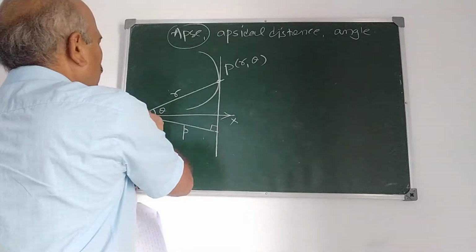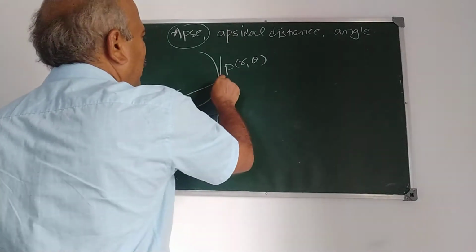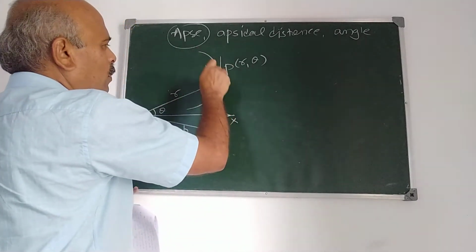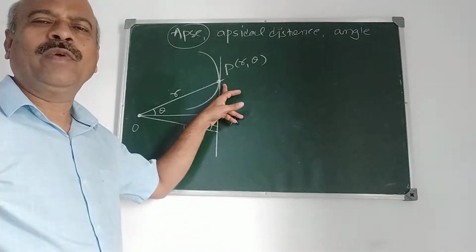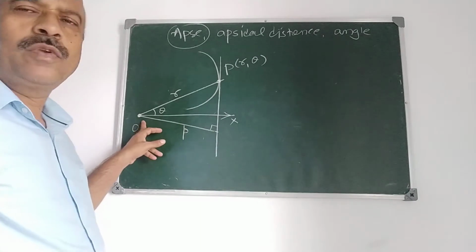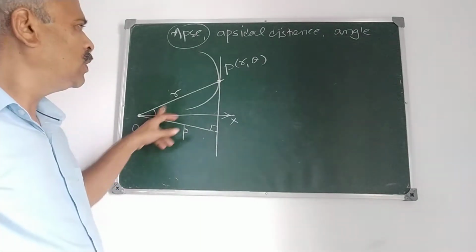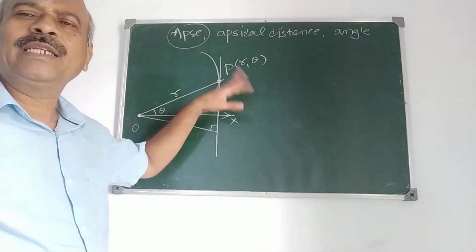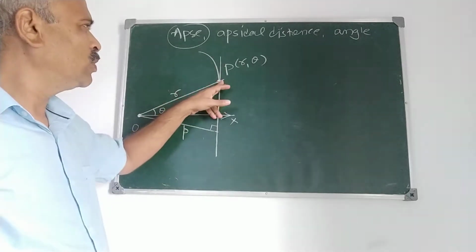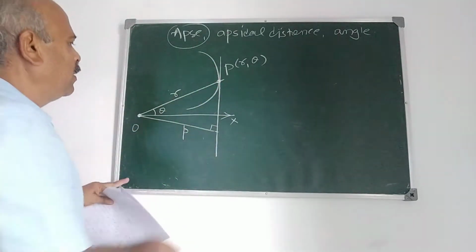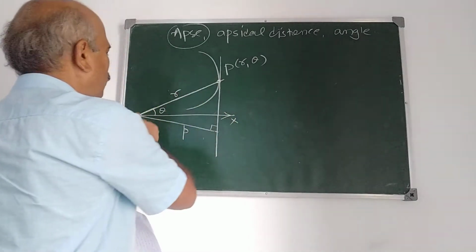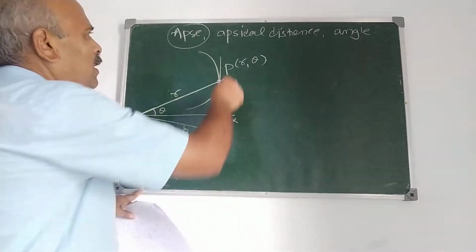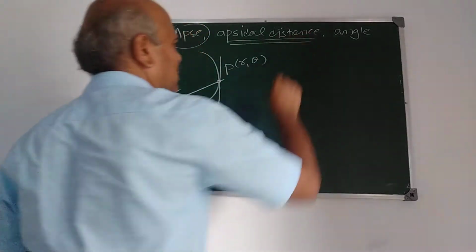This is the distance of an apse. You followed what is apse? Apse is a point on the central orbit where the radius vector drawn from the center of force to that point is either maximum or minimum. Suppose P is apse, then the radius vector drawn from the center of the force to an apse is called apsidal distance.